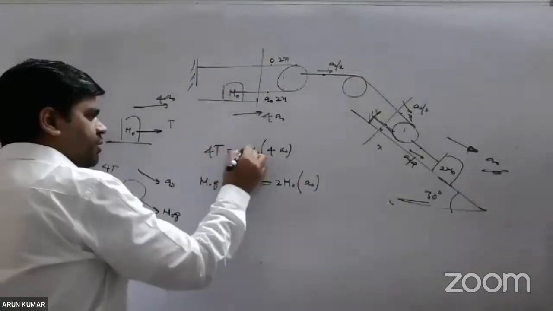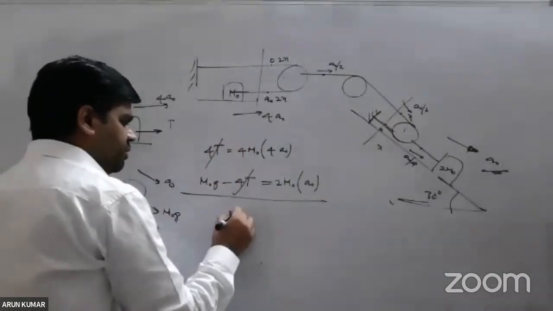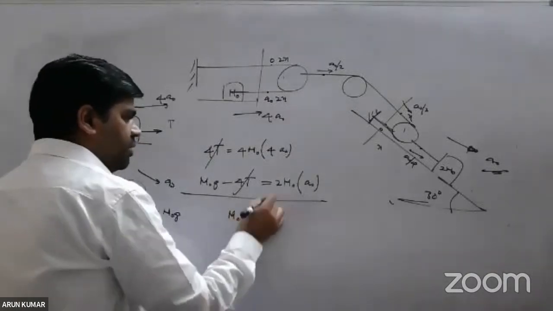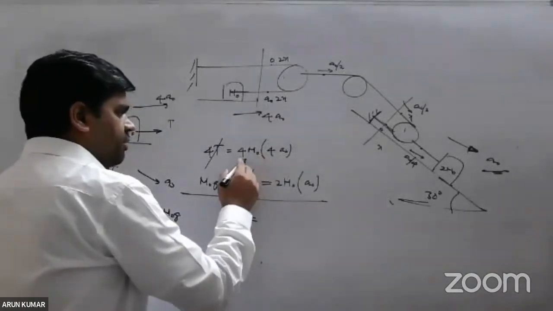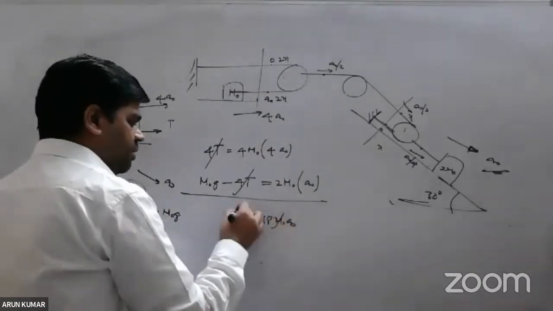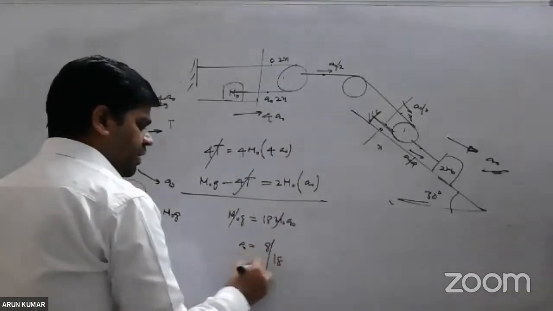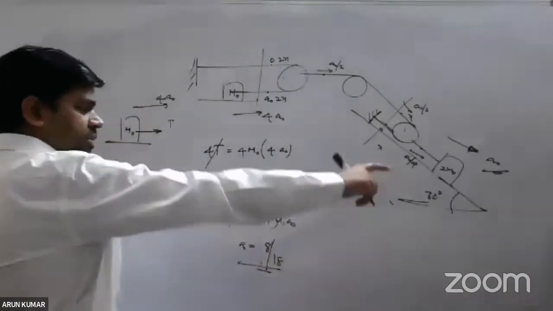I multiply this with 4. Add these two equations. 4T gets cancelled out. m naught g is equal to 16 plus 2, 18 m naught a naught. m naught gets cancelled out. a naught is equal to g by 18.